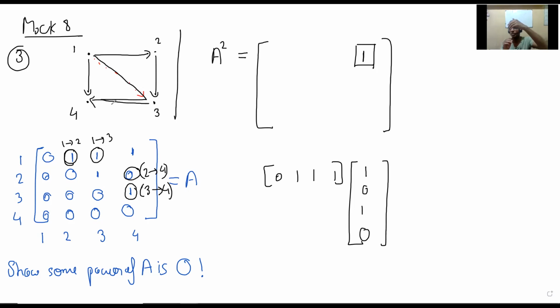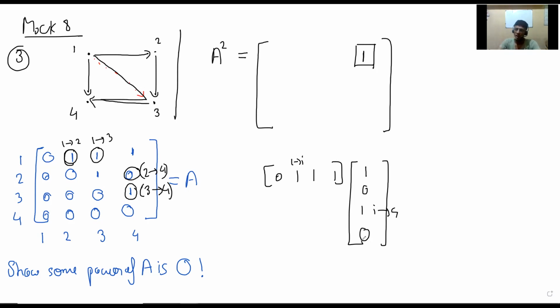One edge to some intermediate thing and then to the thing you want. And those are the things which you will get by this multiplication. So this will be from 1 to i, and this you will multiply with i to 4. And the product is 1 means that there is an edge from 1 to i and then from i to 4, which means from 1 to 4, there is a path of length 2.